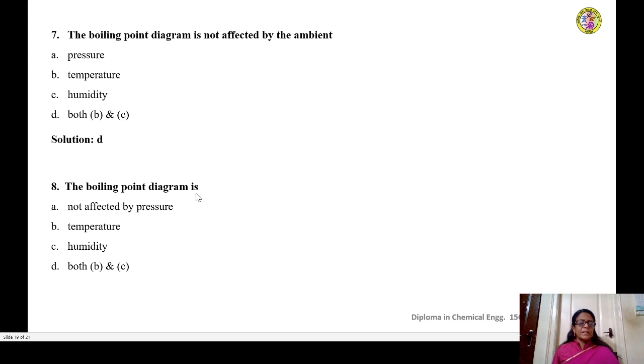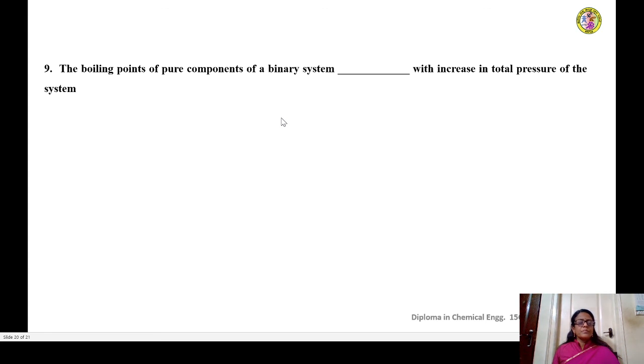The boiling point diagram is not affected by. That should have been the right form of the question. The options should have been pressure, temperature, humidity, both B and C. So just like the 7th question, the answer for the 8th question is also option D. That is, it is neither affected by temperature nor by humidity. It is only affected by pressure. So option D is the right answer.